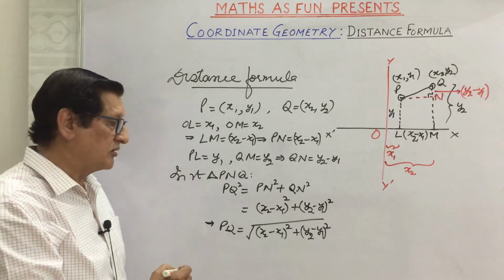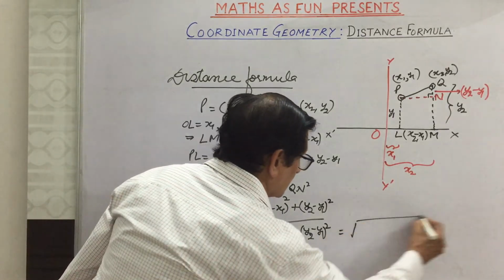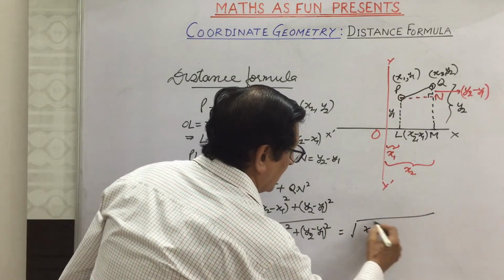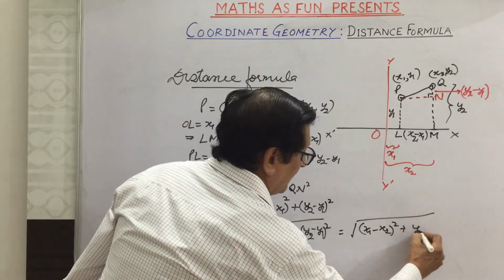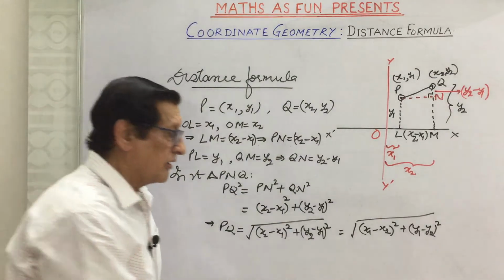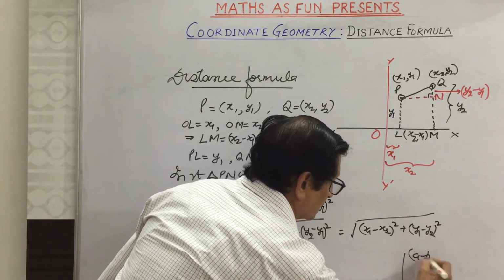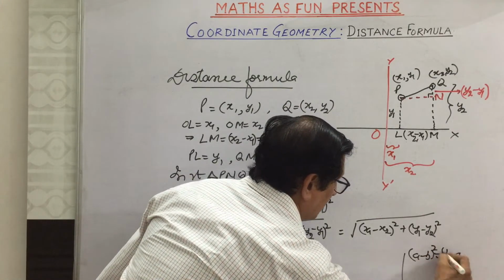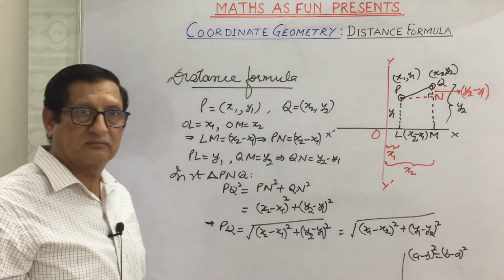Also we can see here that this can also be written as x1 minus x2 square, y1 minus y2 square. Why? Because a minus b whole square is same as b minus a whole square.